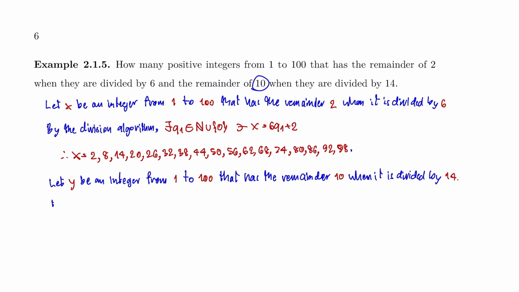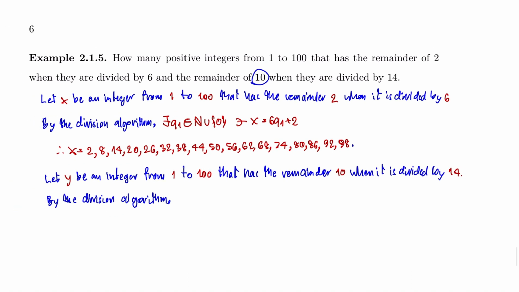Again, by the division algorithm, what do we have? We will have a non-negative integer q2, including 0, such that y equals 14q2 plus 10, where 10 is the remainder.